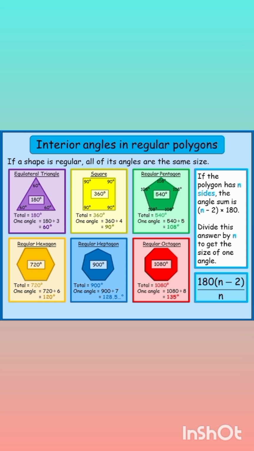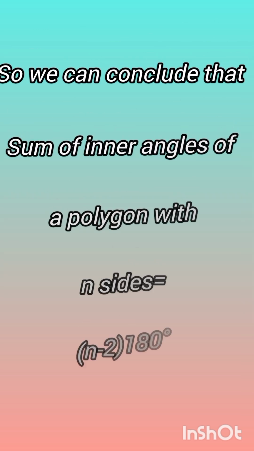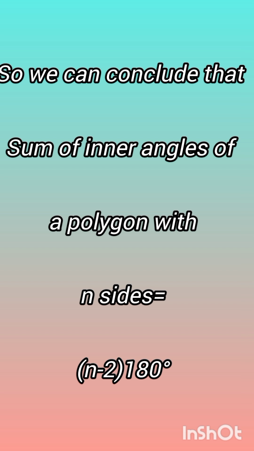From this we can conclude that for any polygon with n sides, the sum of inner angles will always be (n minus 2) into 180 degrees, because n minus 2 triangles can be formed inside an n-sided polygon.